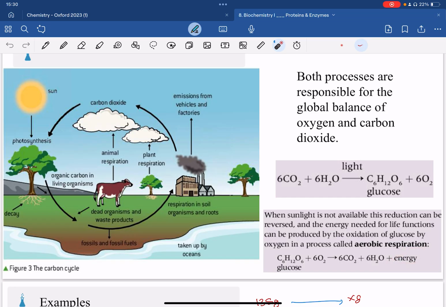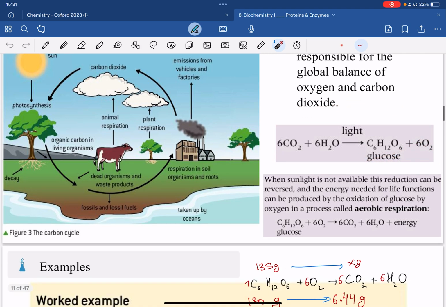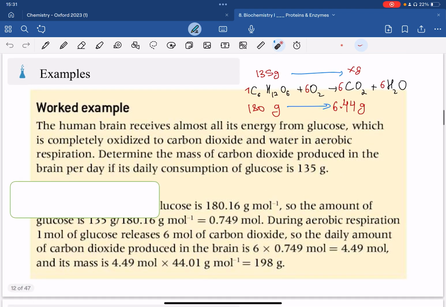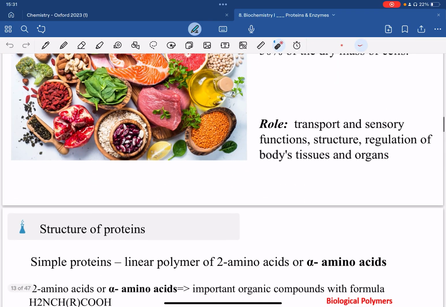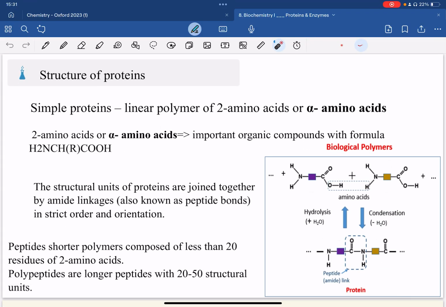Just know the difference. Also, we have to know how to balance the chemical reactions. In here, we have, for example, amino acids, protein. We are going to learn the alpha amino acids.